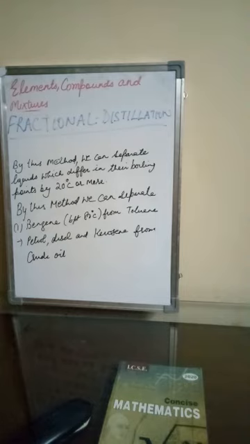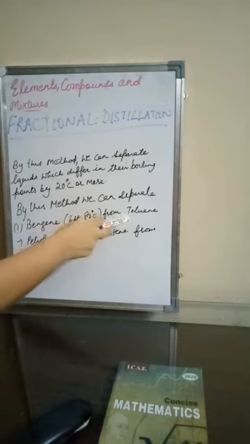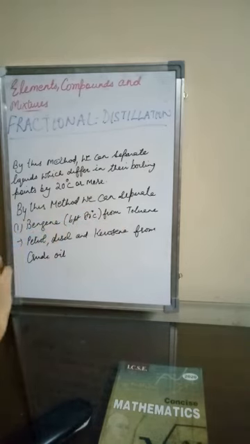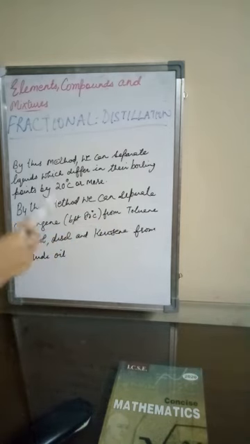The separately collected liquids are termed fractions. By fractional distillation, students, we can separate benzene from toluene. Benzene has a boiling point of 80 degrees Celsius, and toluene has a boiling point of 110 degrees Celsius. Petrol, diesel and kerosene can also be separated from crude oil by this method of fractional distillation.